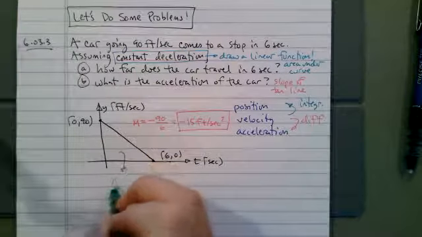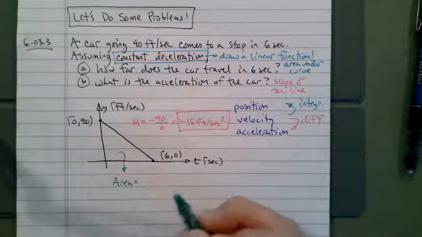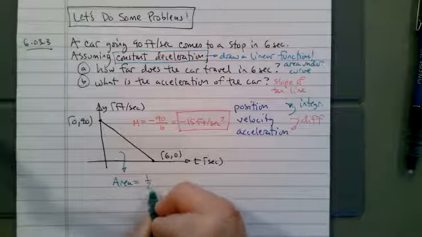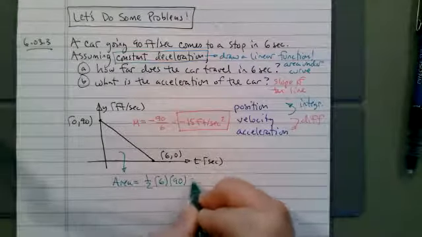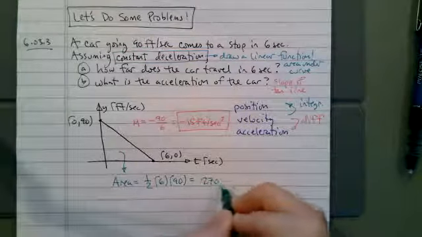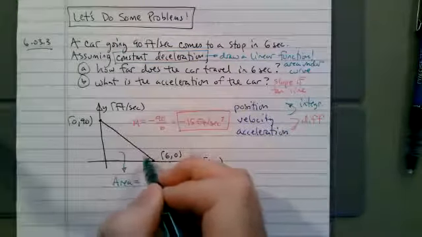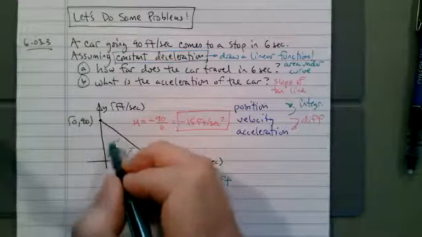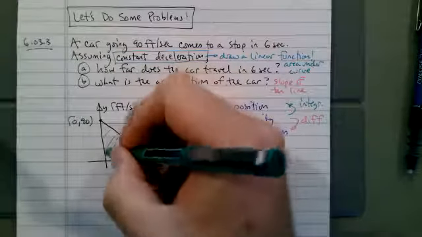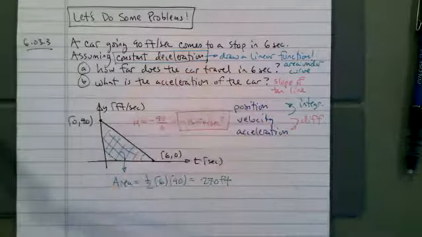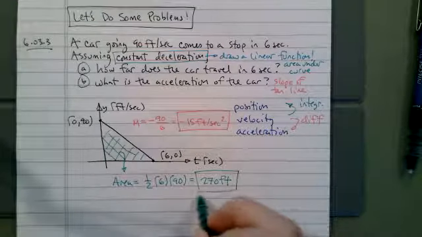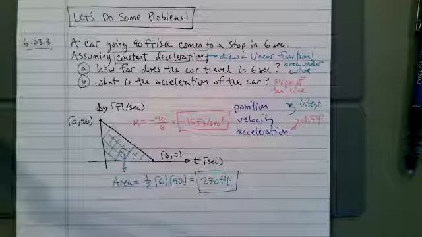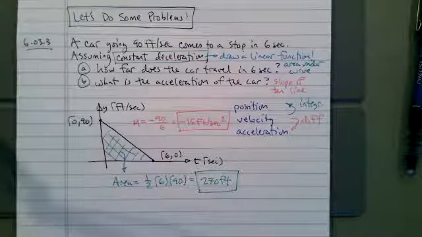So the area is just the area of a triangle, 1/2 the base times the height. So the car travels 270 feet in the 6 seconds, and its acceleration is negative 15 feet per second squared.